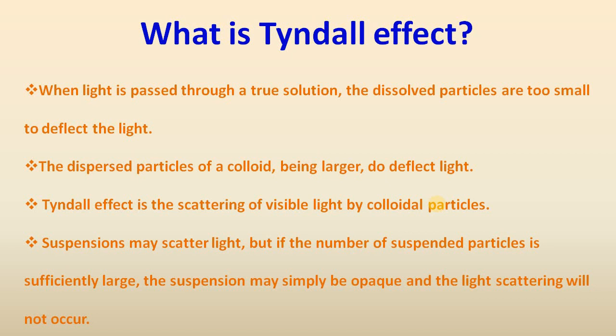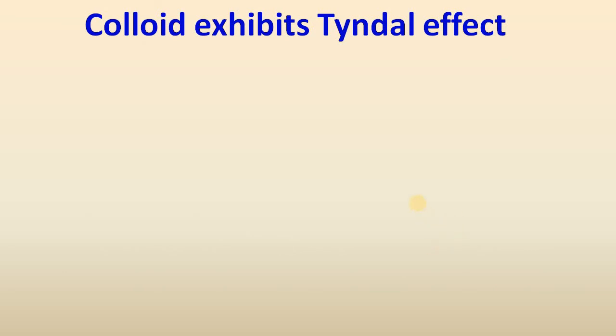Suspensions may scatter light, but if the number of suspended particles is sufficiently large, the suspension may simply be opaque and the scattering of light will not take place. So now, colloid exhibit Tyndall effect.